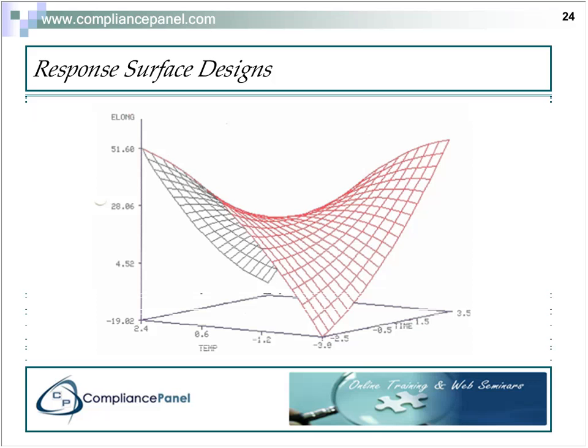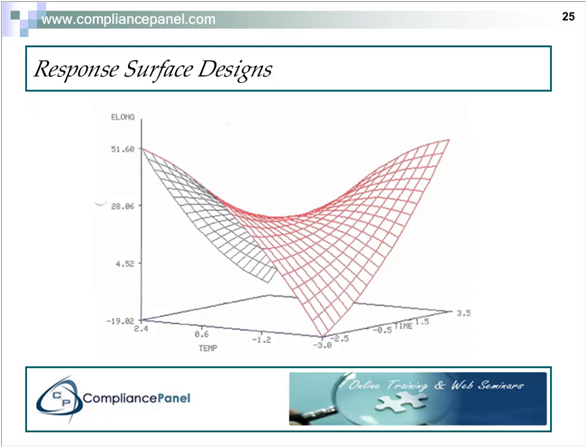And you end up with some kind of a drawing like this. This was a computer-generated result of a process that had 3 elements to it: time, temperature, and elongation of the particular material that was being manufactured. And in this particular case, the ideal setting was the shoulder there, or the middle of that red area in the curve.